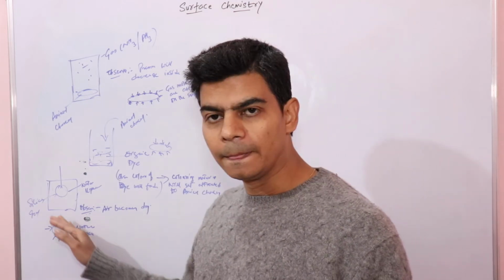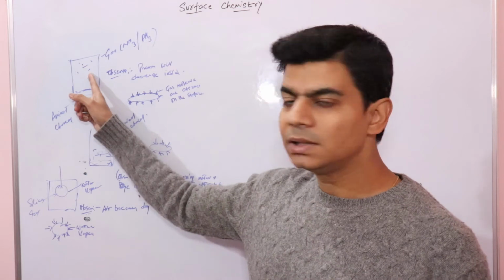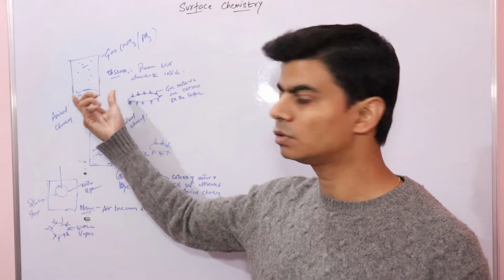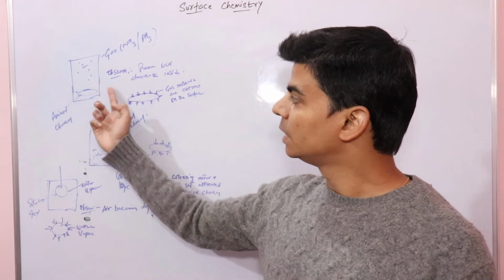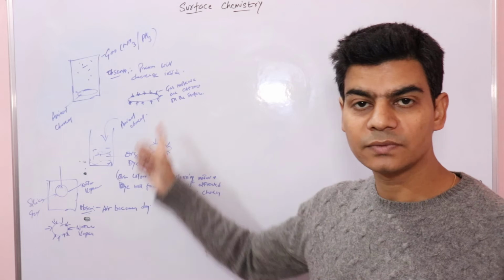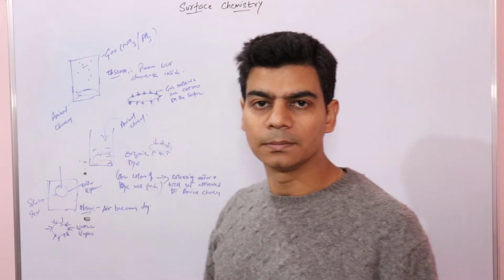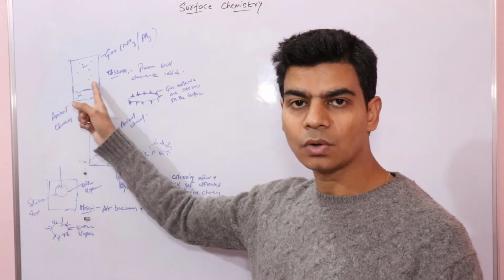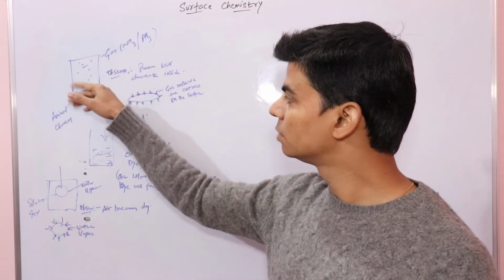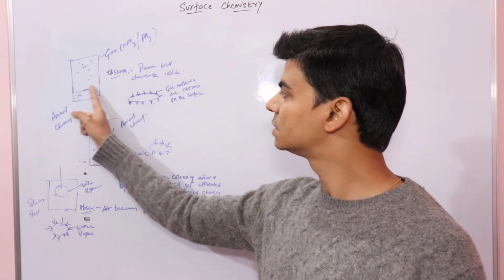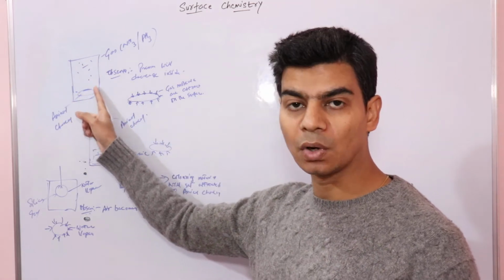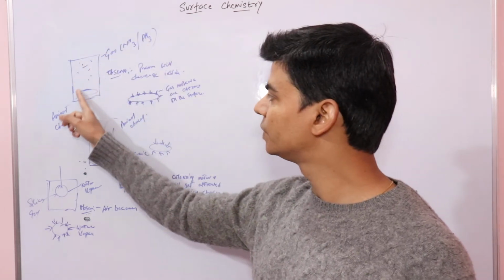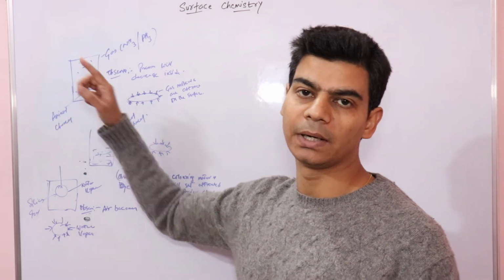This process wherein the gas is getting adsorbed on the surface of animal charcoal, or on the surface of any substance, is known as adsorption. Here, animal charcoal, the substance on which the gas is getting adsorbed or attracted, is known as the adsorbent. And the gas that gets attracted on the surface of this animal charcoal is known as the adsorbate.